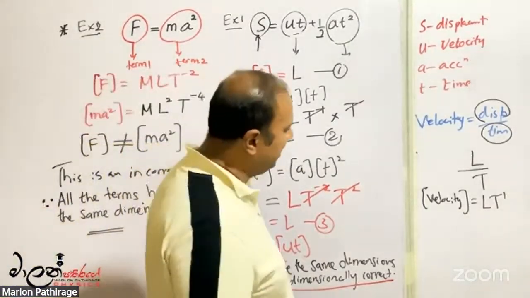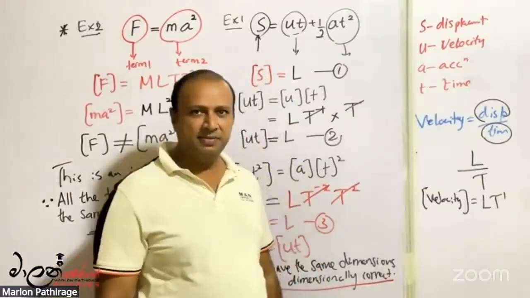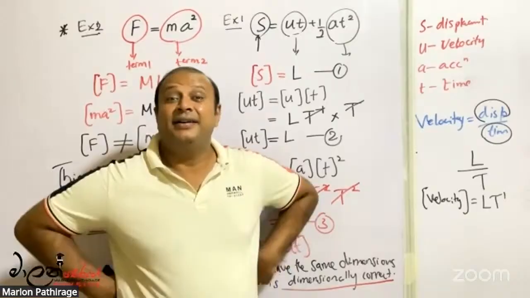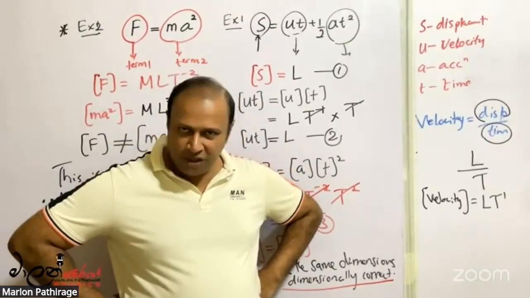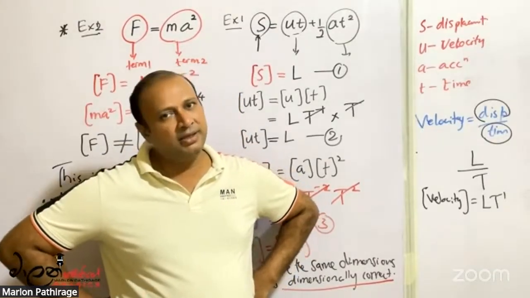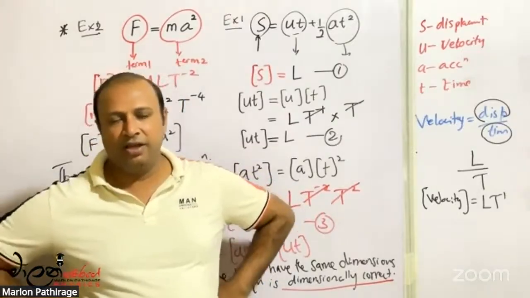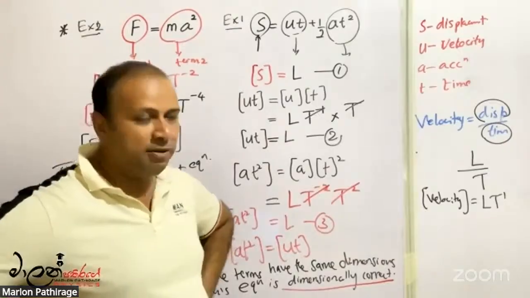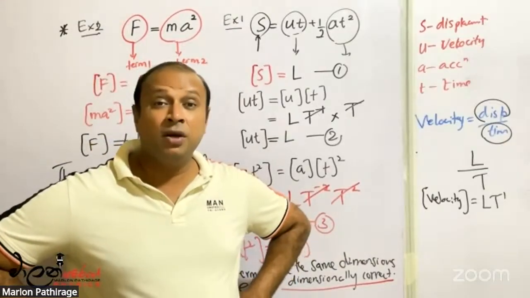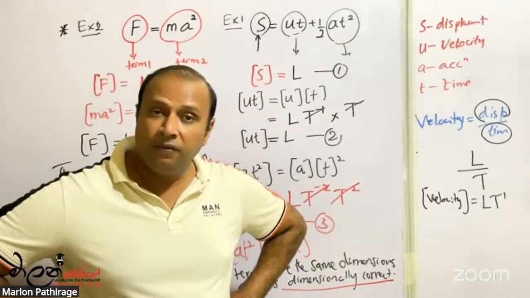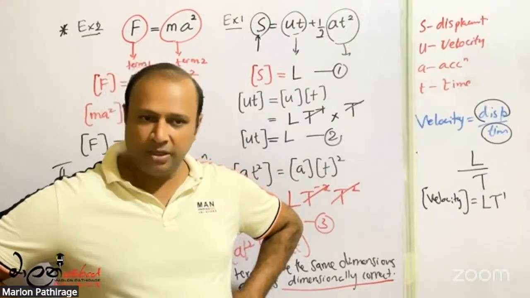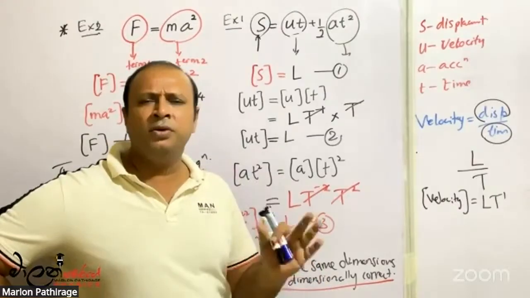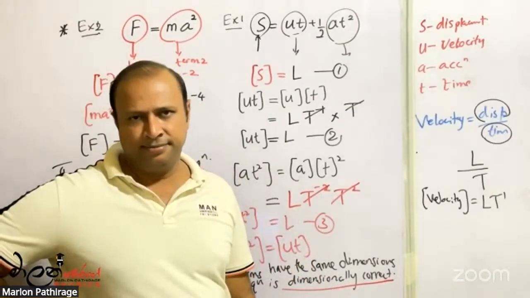In most cases we can get the dimension using the unit also, but that is not a correct way. You can get dimensions using units, that is okay, but it is not accurate for every physical quantity, because there are some physical quantities that do not have dimensions.